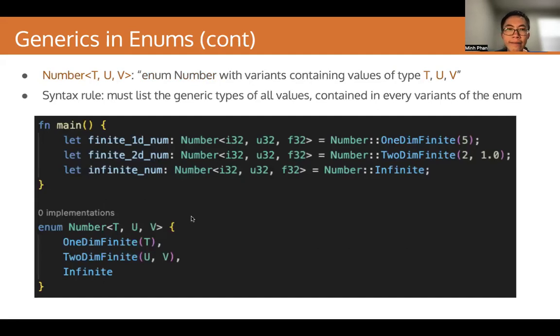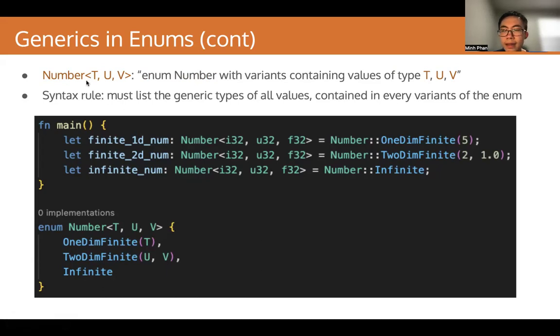And similarly, we can have multiple generic types. So we have another enum Number here with generic types T, U, and V. It has three variants: a one-dimensional finite number that contains a value of generic type T, and a two-dimensional finite number that contains two values of generic types U and V, which allows them to be of different types.